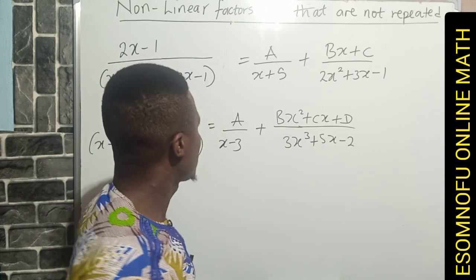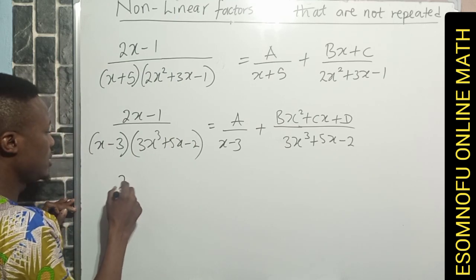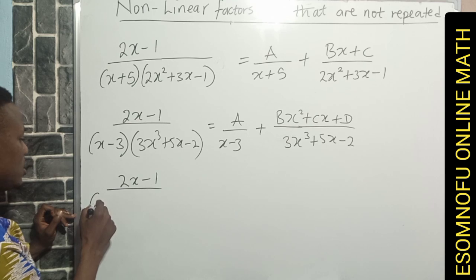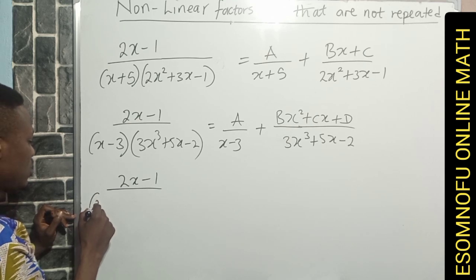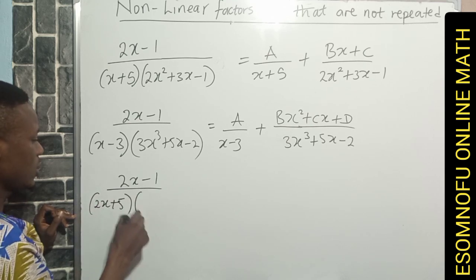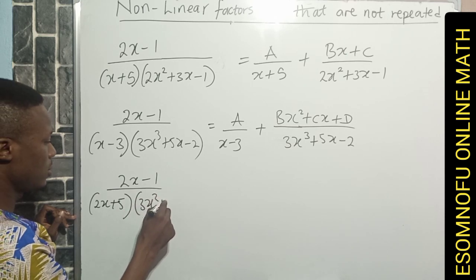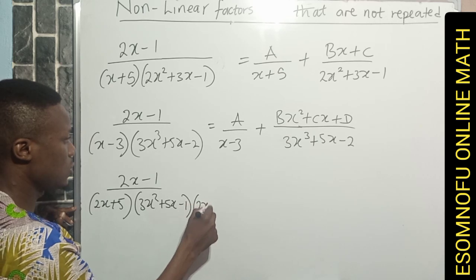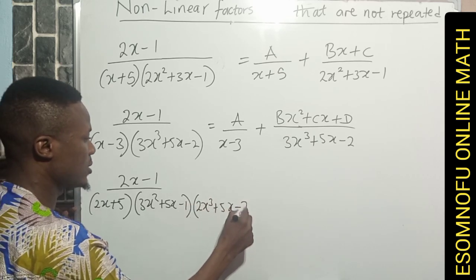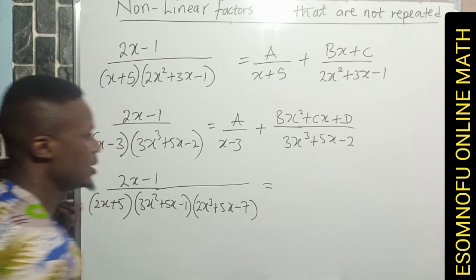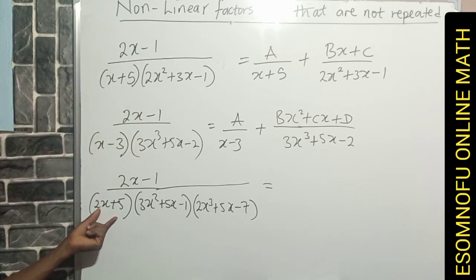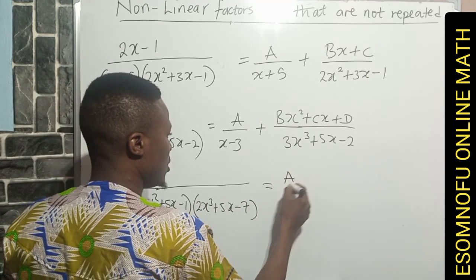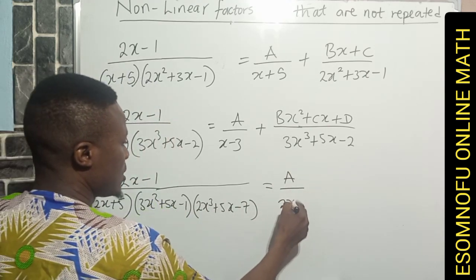And finally, assuming you have something like (2x minus 1) over, and this can be any value, let's say (2x plus 5) into (3x squared plus 5x minus 1) into (2x cubed plus 5x minus 7). You see that the first one is a linear factor, so I'll use a constant on top: A all over (2x plus 5).